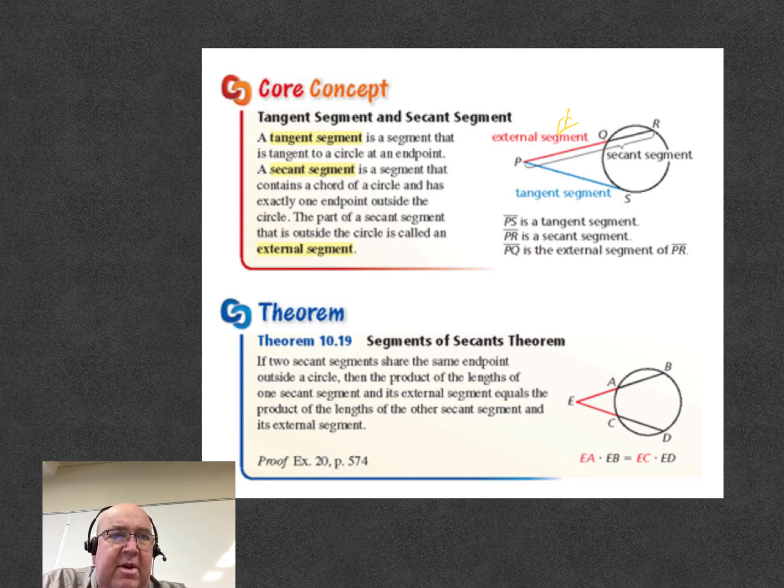The theorem we're going to have, the segments of secants theorem, is that the external segment times the total segment is going to be equal to the same for the other segment. So what's outside times the whole thing are going to be equal.